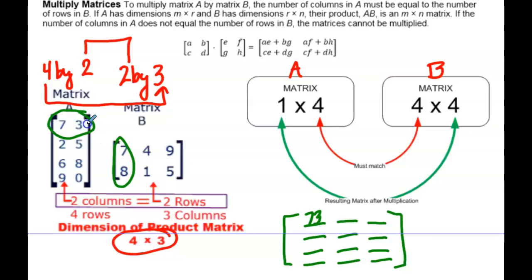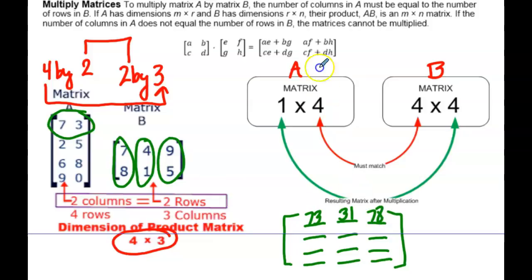Okay, and then you would do this row by the second column. 7 times 4 plus 3 times 1. 28 plus 3 is 31 maybe. And then you would do this row by this column. So 7 times 9 plus 3 times 5. Oh my gosh, could I have picked a harder one? 63 and 15, 68, 78, I don't know.